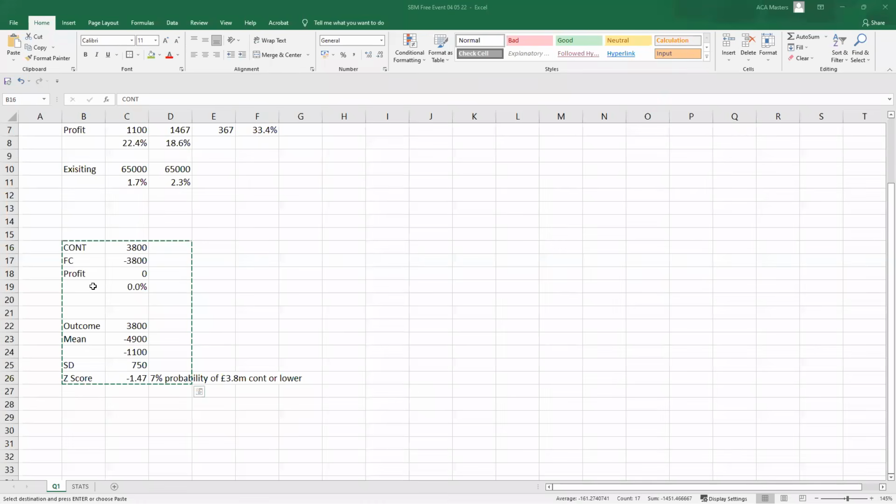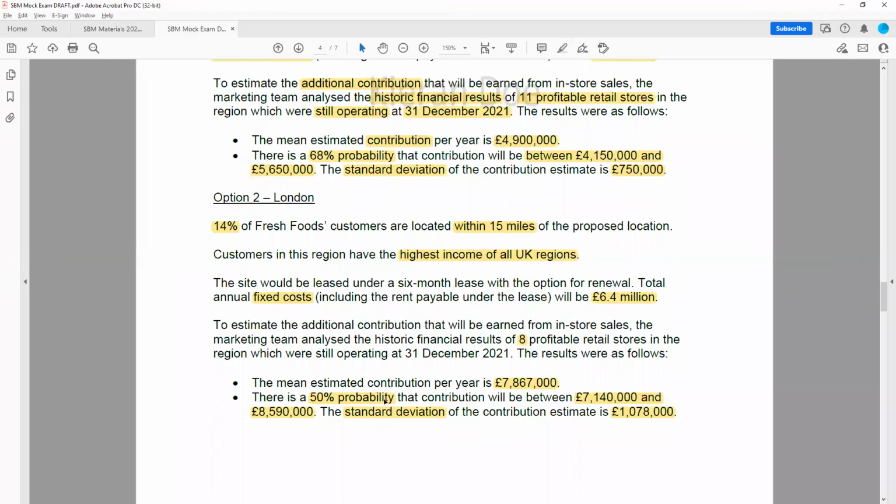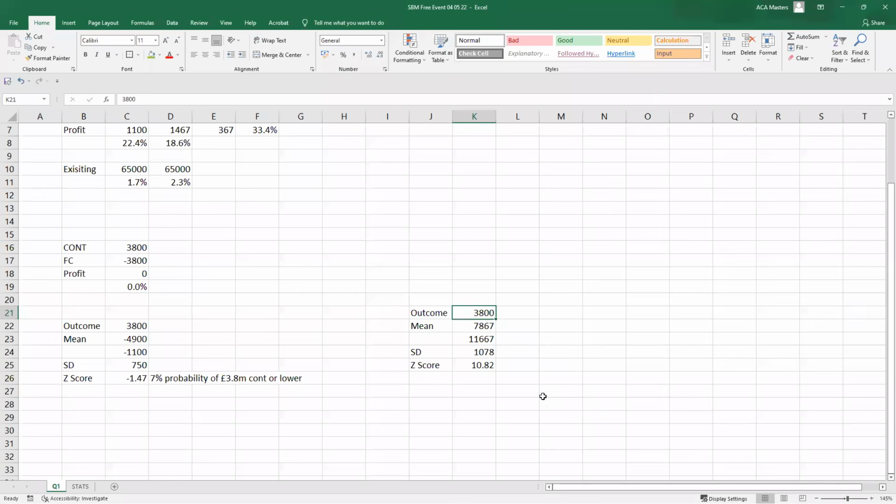Just as we have done here, we could think about this London data. We know that the mean for London was 7867, and the standard deviation for London was 1078. The first outcome we're looking at, because we're told 50% probability it would be between this, is 7140.